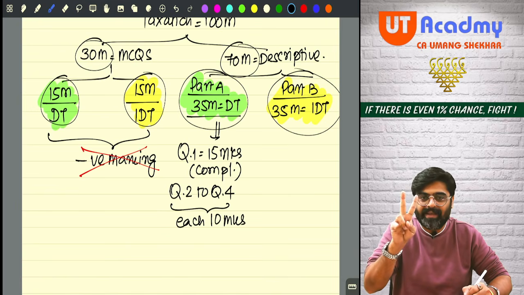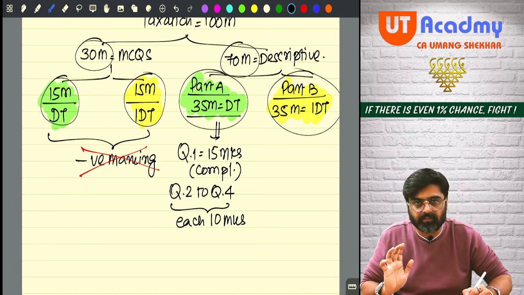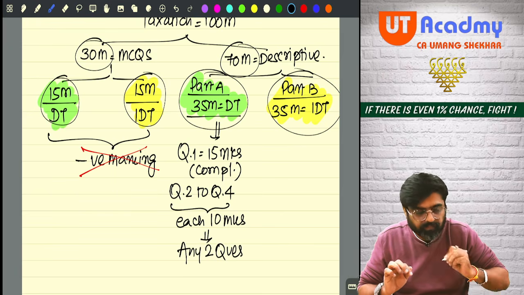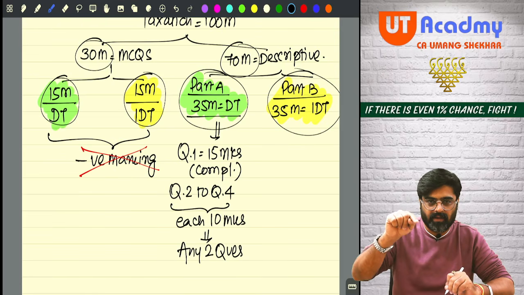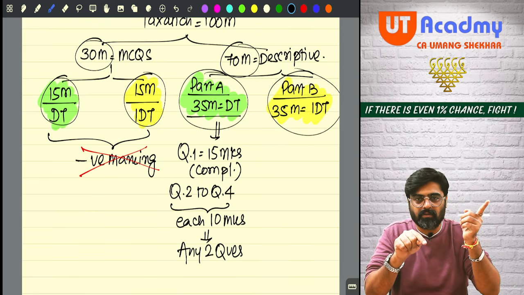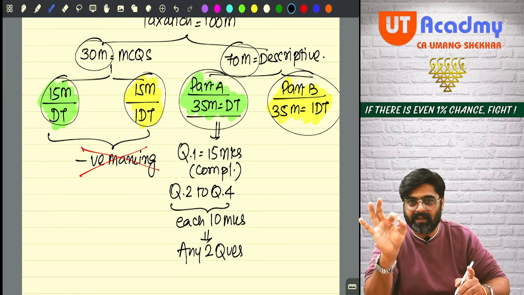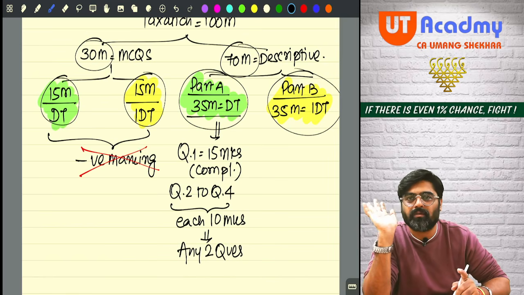So 2, 3 and 4. There are 3 questions, each carrying 10 marks. Out of these 3 questions, you are supposed to attempt any 2 questions. So 2 questions out of 3 will give you 20 marks and 15 marks compulsory question. And that in total makes direct tax of 35 marks.